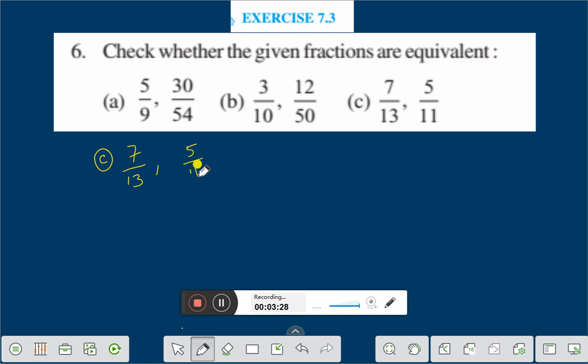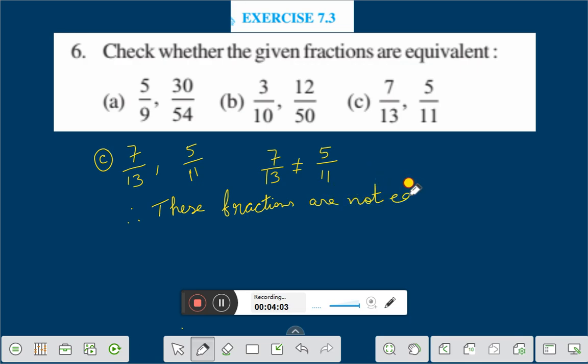Since the fraction 7 by 13 is not equal to 5 by 11, therefore these fractions are also not equivalent.